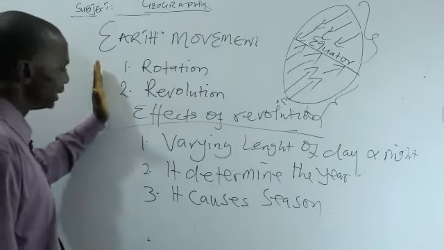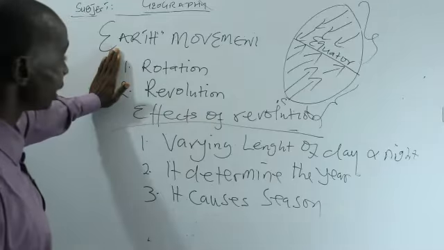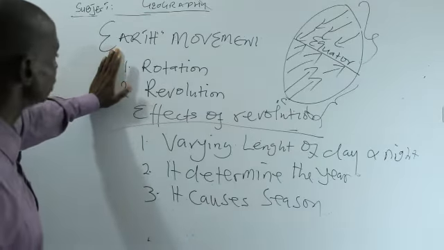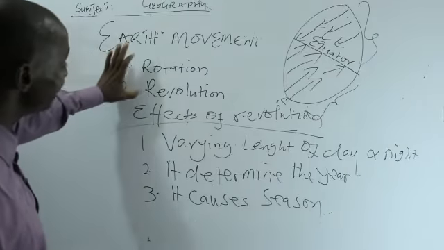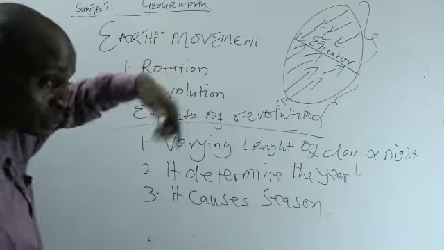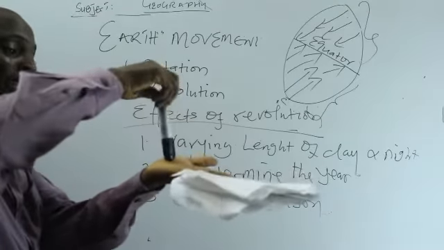So with this, we are able to establish the fact that the earth moves. Number one, the rotation. Number two, the revolution. Remember that these two movements are not done separately. They are done simultaneously. As I explained, as the earth is spinning, it is also moving.